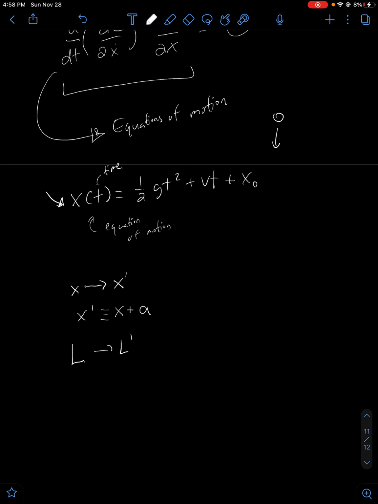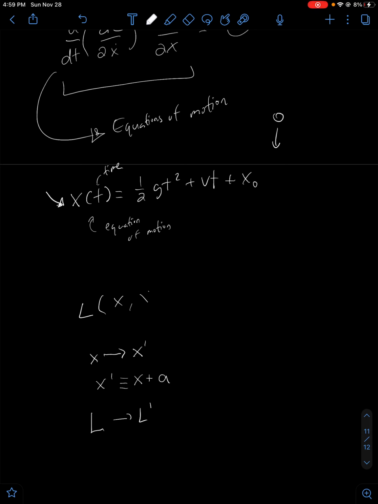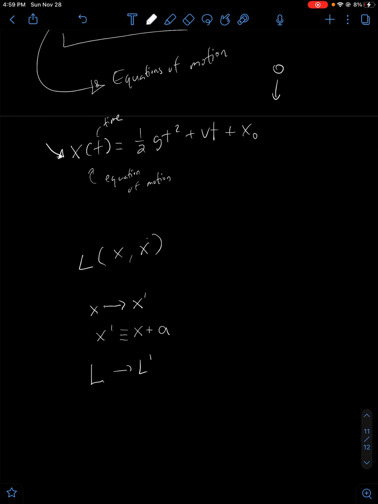Since in classical mechanics, our Lagrangian will actually depend on x and x dot. So say we change our system from being in position x to position x prime, that might change our Lagrangian, right? Since our Lagrangian is a function of x, right?